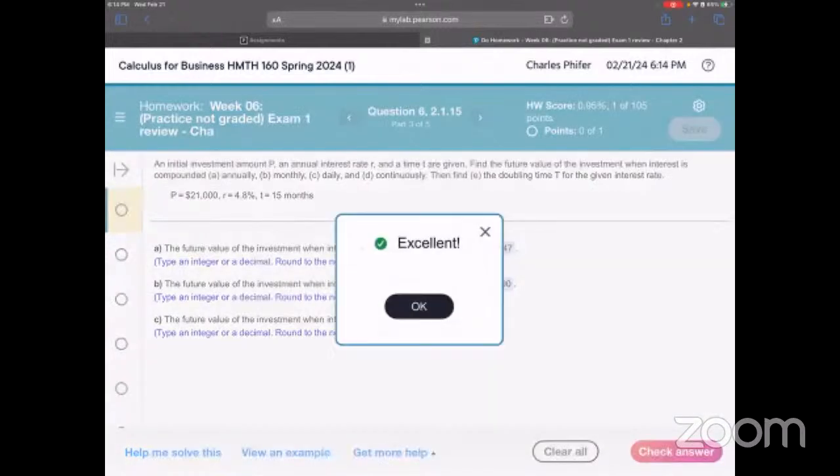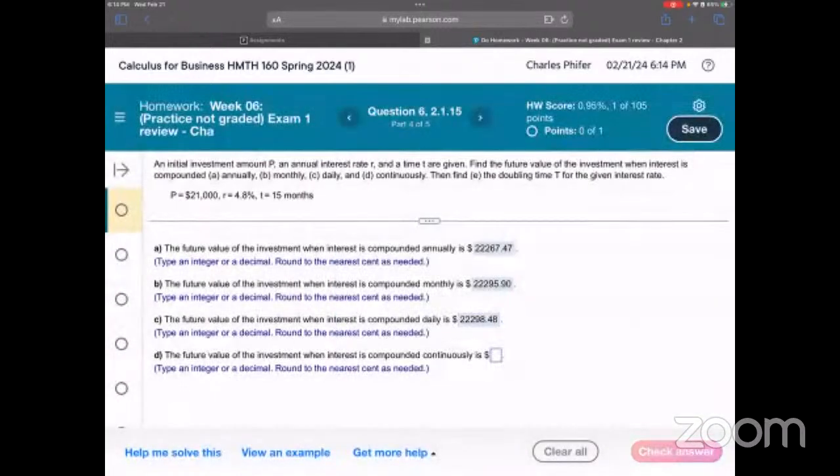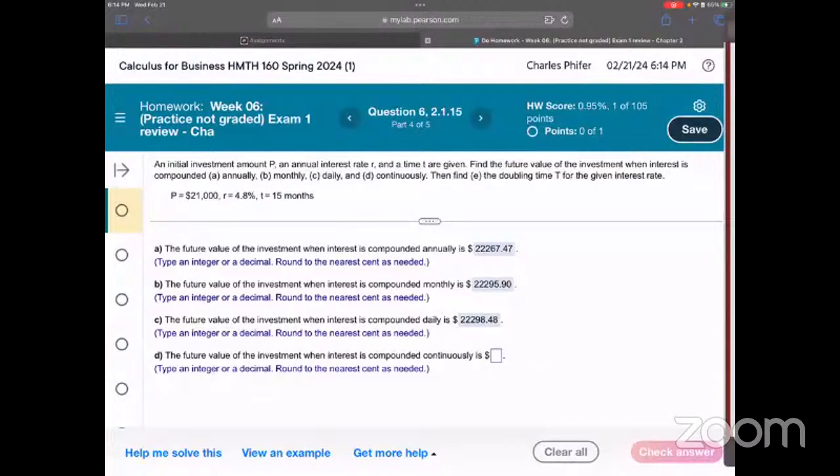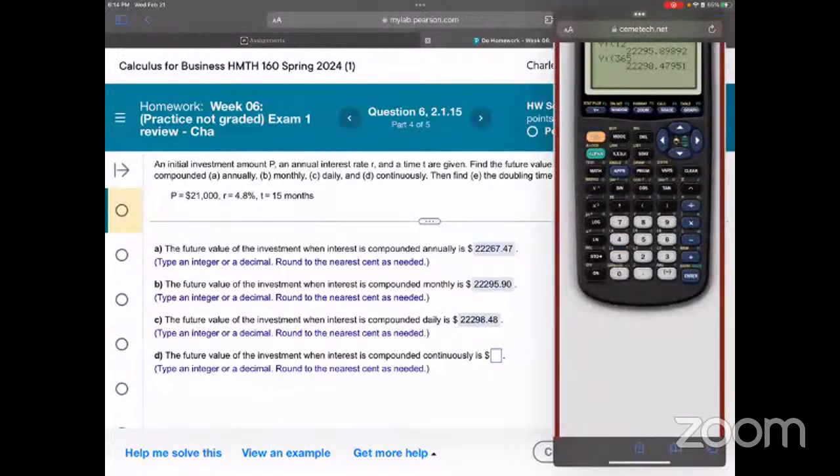All right. So the first three were compound interest. If it's continuous, then there's a continuous compound interest formula. We might be able to do a trick instead.